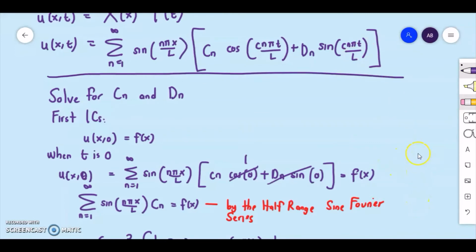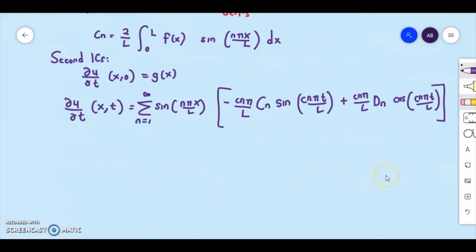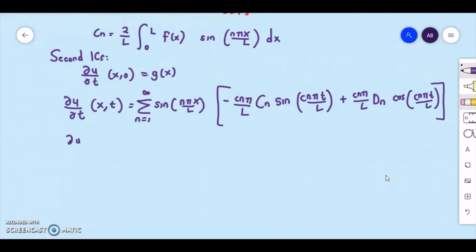Now what I want to do next is when t is 0. Let's substitute t equals 0. So I have ∂u/∂t when t is 0, and x will remain constant.